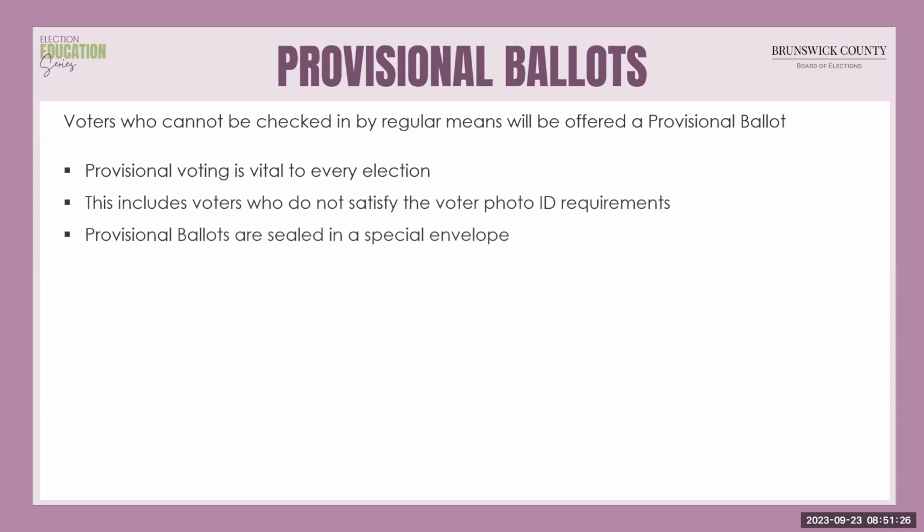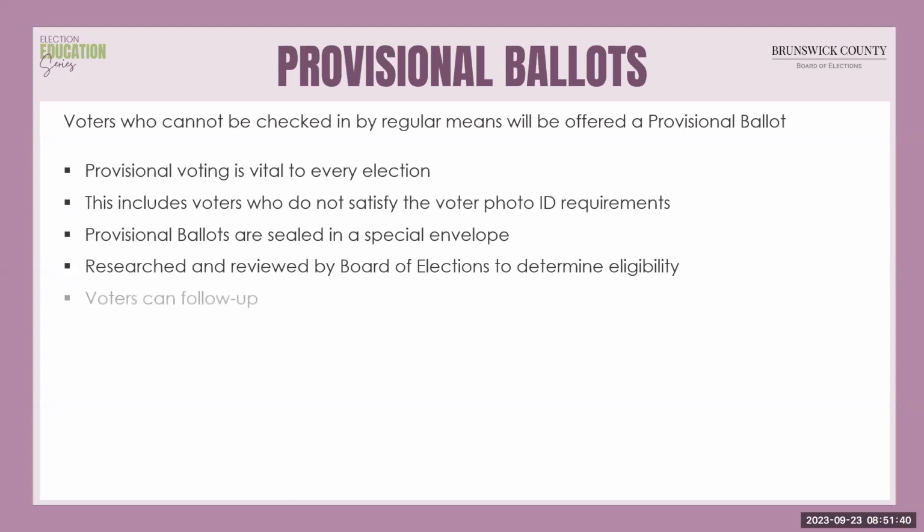Provisional ballots are sealed in a special envelope and brought back to the Board of Elections office on election night once the polls close. They are researched and reviewed to determine if they are eligible to be counted during the canvass process. Voters are always provided with instructions and a personal PIN number when they vote provisionally. They can find out if their ballot was accepted, partially accepted, or not accepted once canvass is complete.